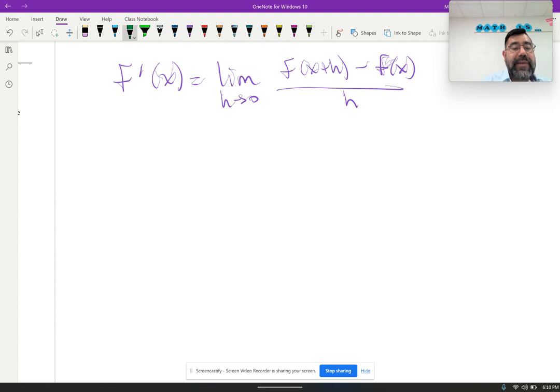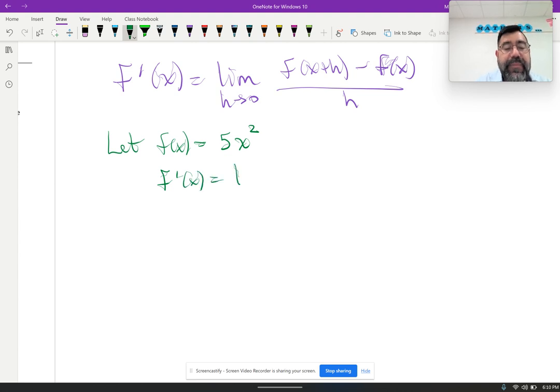Let's start with this. Suppose f of x is 5x to the second power. We're going to find f prime.